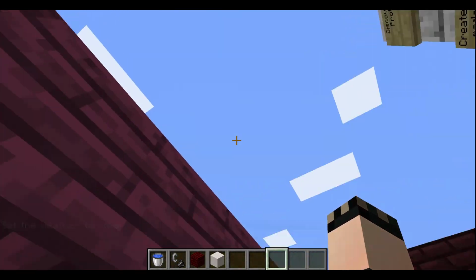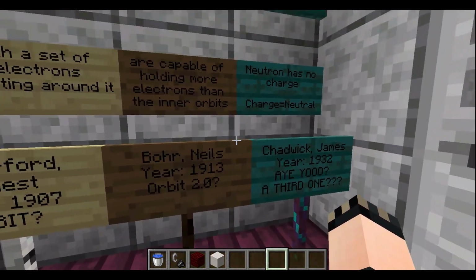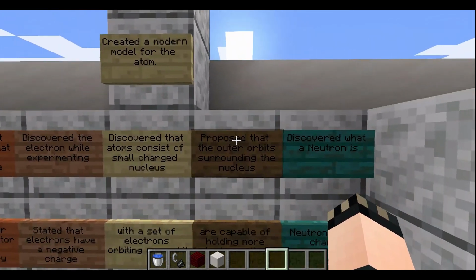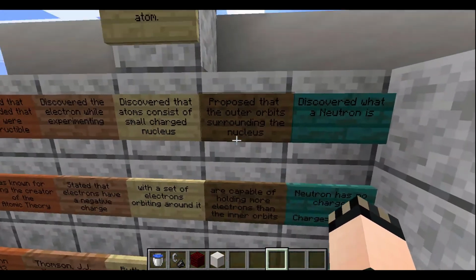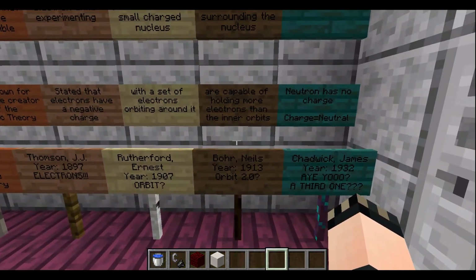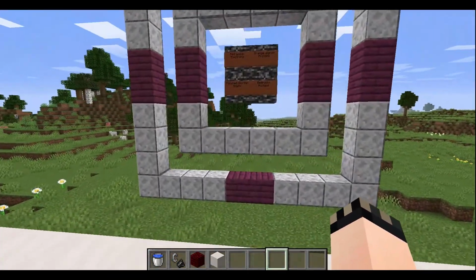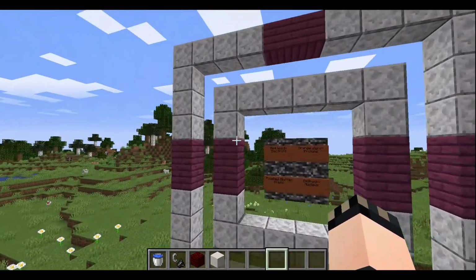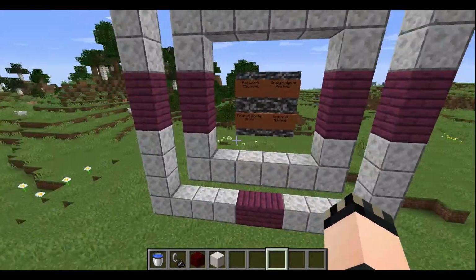Sorry about that, but Niels Bohr, 1913, orbit 2.0. What do I mean by that? So, Bohr proposed that the outer orbits surrounding the nucleus are capable of holding more electrons than the inner orbits. So, as you can see in these, there's only 2 in here, and then there's 4 on the outside.